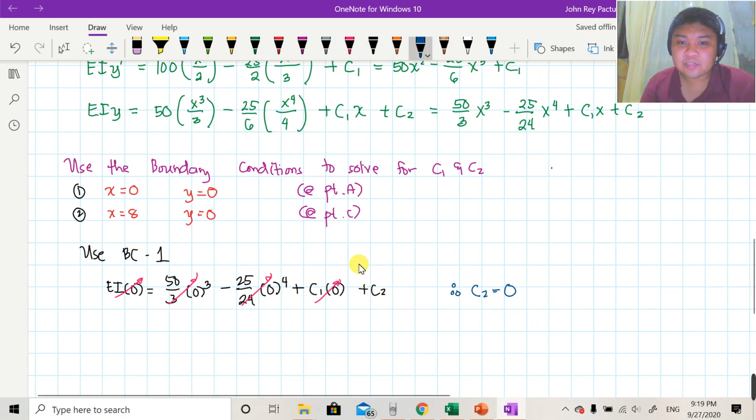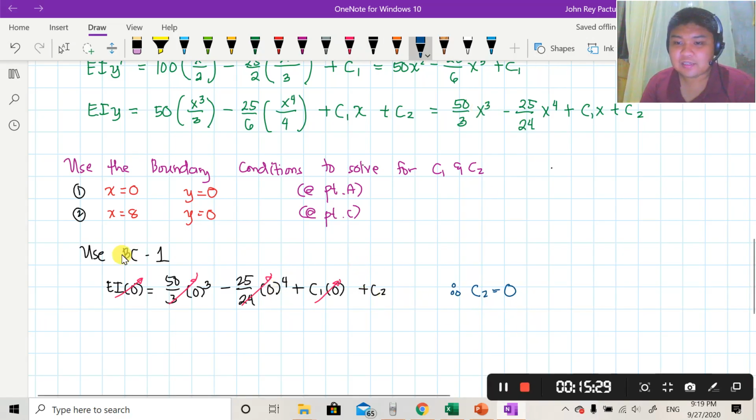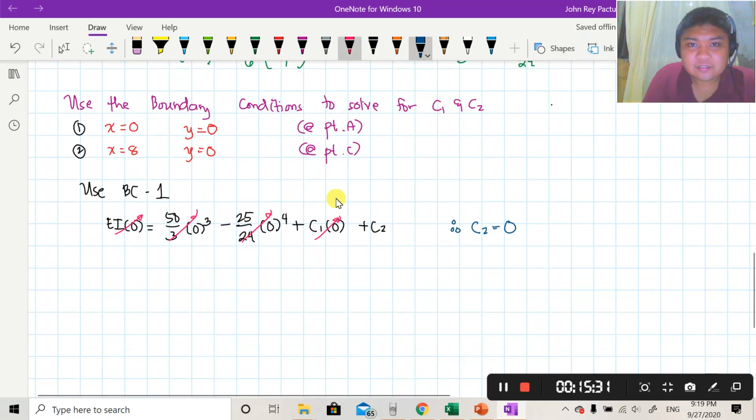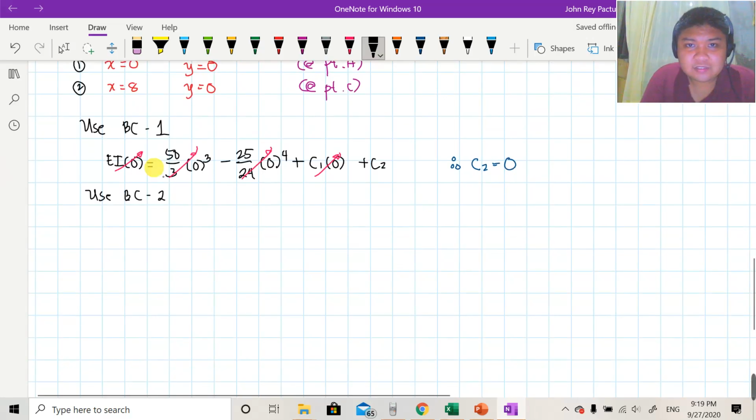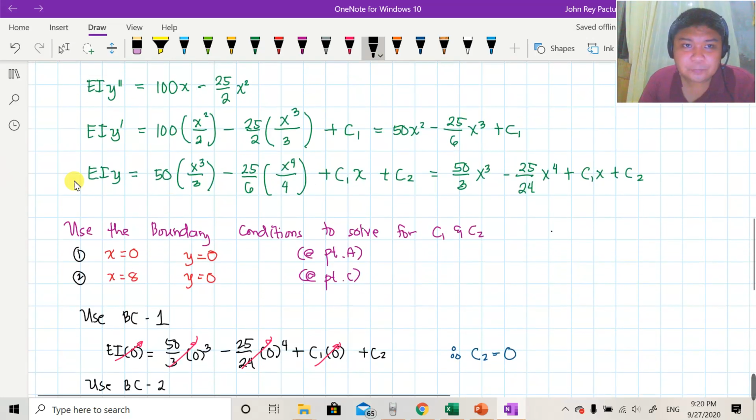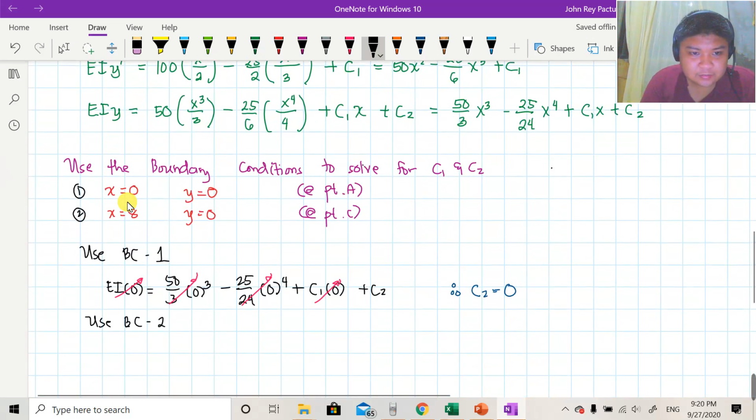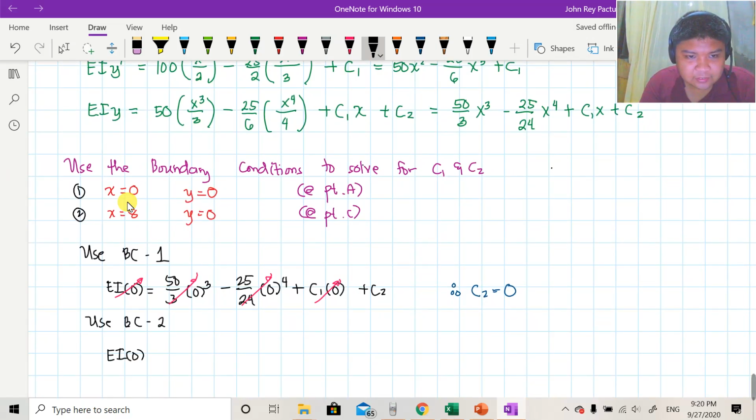Of course, meron pa tayong isang arbitrary constant na kailangan malaman, that is C1. So, therefore, gamitin natin yung boundary condition 2. Di ba? So, boundary condition 2, which is itong x equals 8, y equals 0. So, in that case, since y siya, gamitin natin tong EIY. So, magiging EI times 0 equals 50 over 3 times 8 cubed.